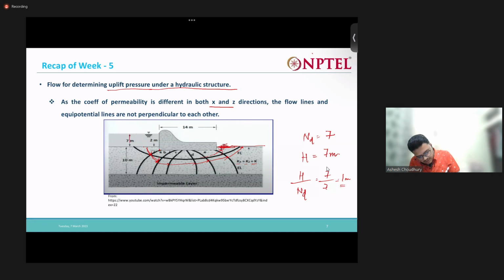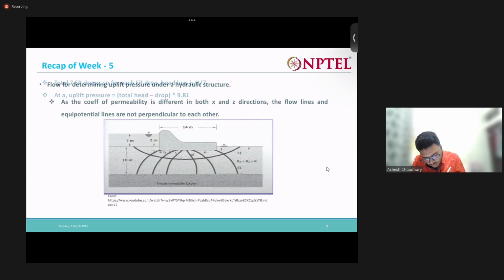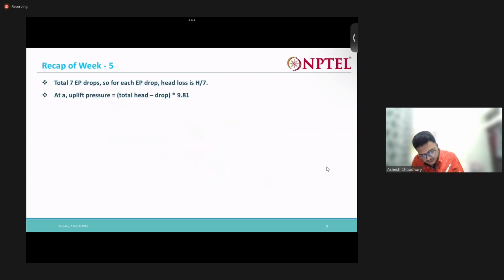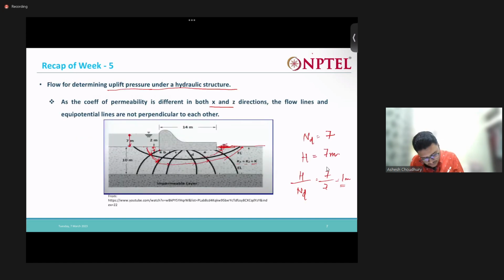This is 7 meters plus this is 2 meters, it's given here. So my total head is 7 plus 2 is equal to 9. Directly we are finding total head minus the drop of heads. Total head here is 9, 7 plus 2.